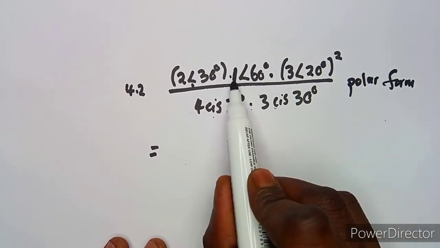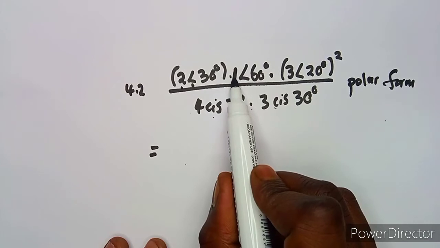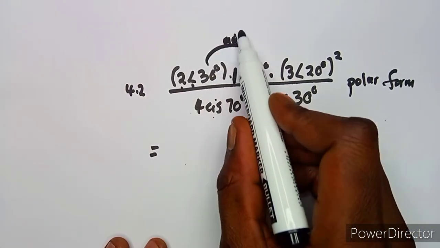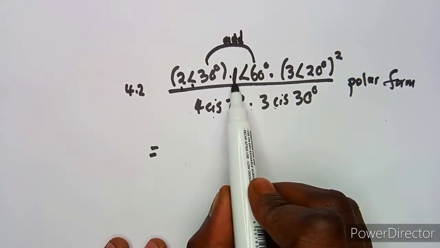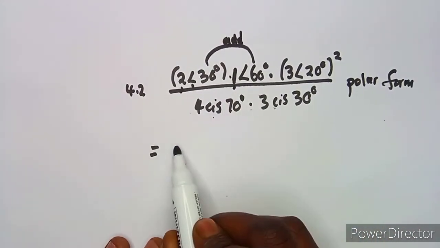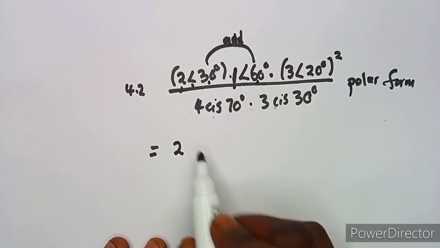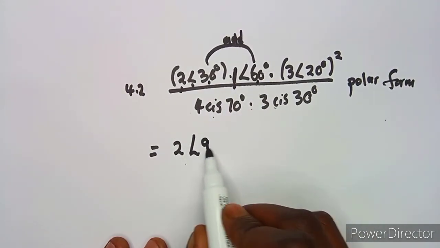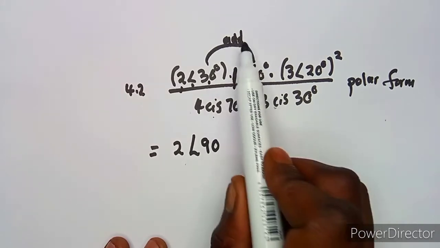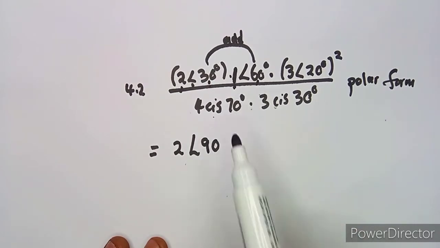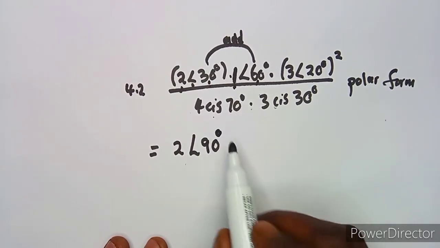When you are multiplying like this, you multiply the numbers together, and the angles, you add them. So it's 2 times 1, which is 2. Then you add 30 plus 60, which is 90. So that is what you're going to have.